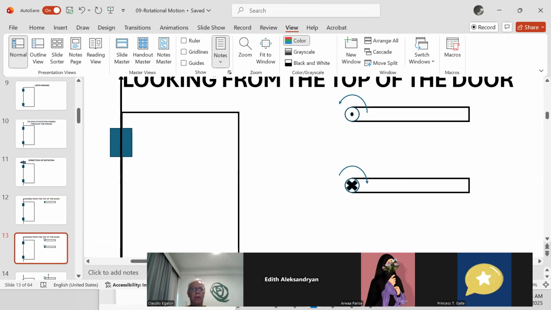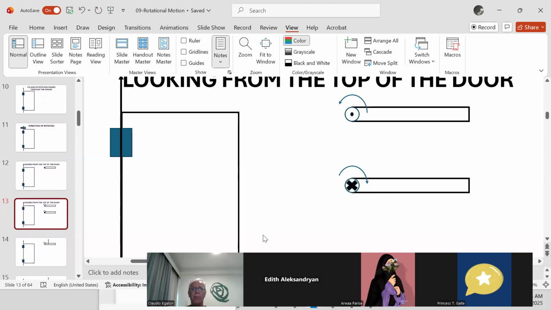That's the type of notation that we use to discern between counterclockwise and clockwise direction. The counterclockwise direction is said to be the positive direction, and the clockwise direction, the direction that the hands of the clock move, is considered the negative direction.